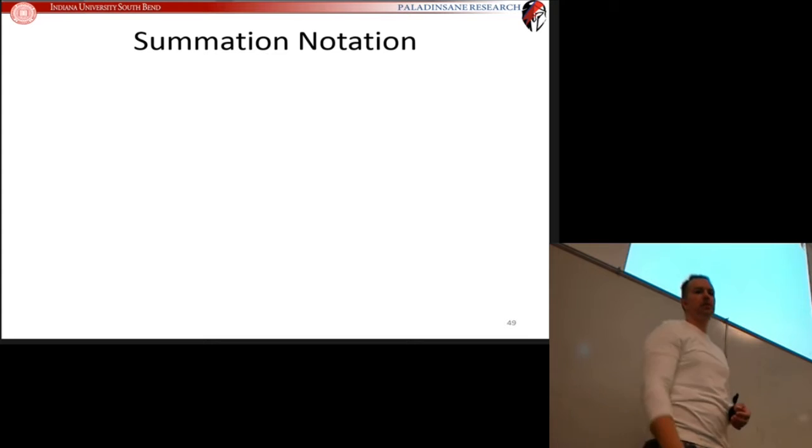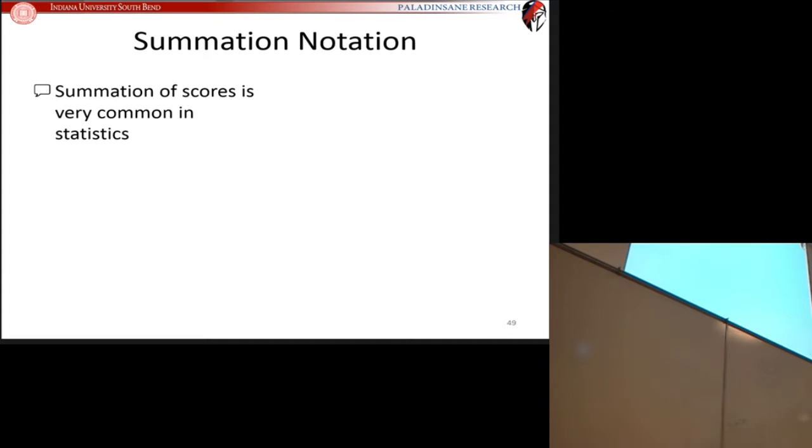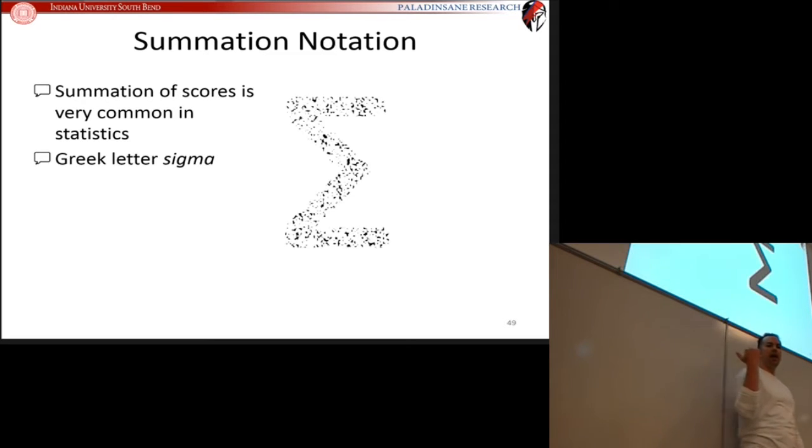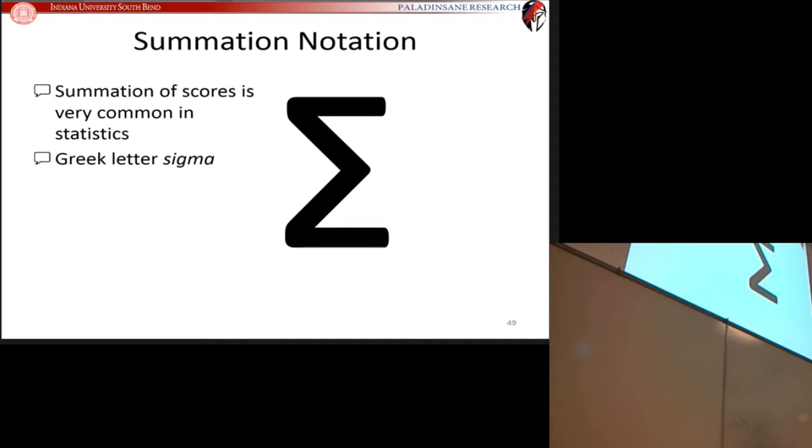All right, first piece of new math: summation. Summation of scores is super common in statistics. You'll be amazed how many statistical moves and techniques start with taking stuff and adding it all up. And that's what summation is. It's symbolized by the Greek letter sigma, and that is the symbol right there.